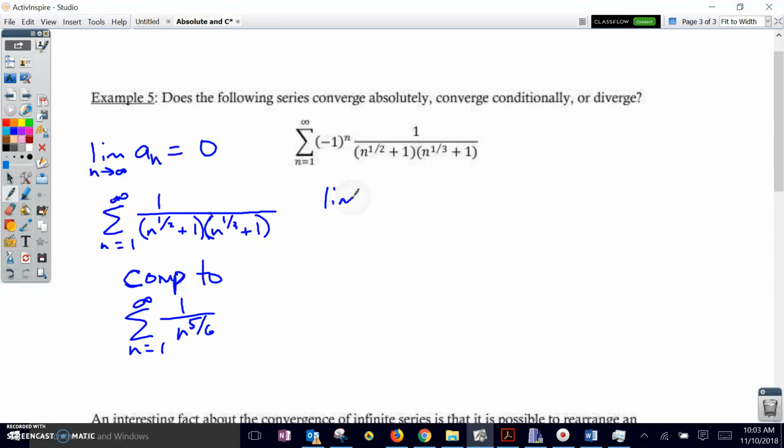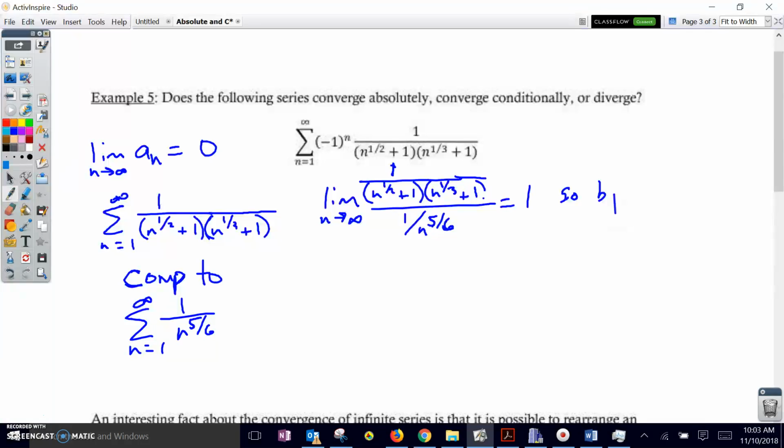And the limit as n goes to infinity of our series in question here, 1 over n to the 1/2 plus 1 times n to the 1/3 plus 1, over 1 over n to the 5/6, is equal to 1. So by the LCT, these series share convergence behavior.